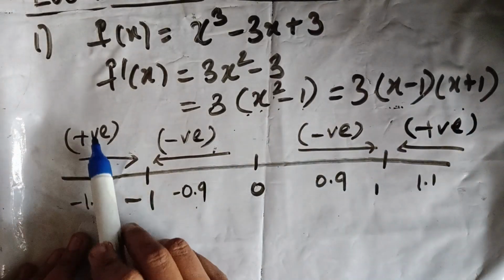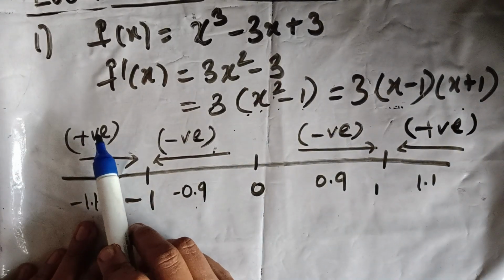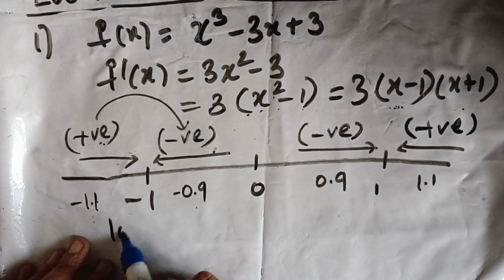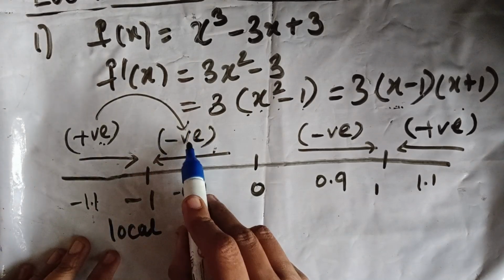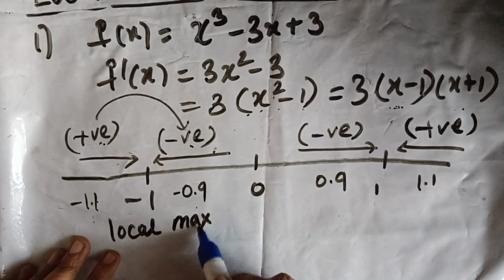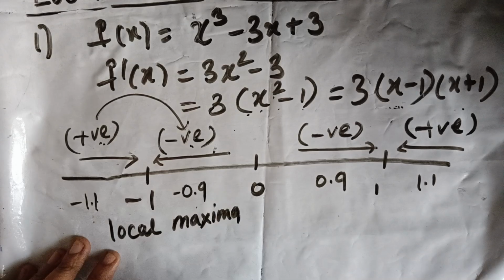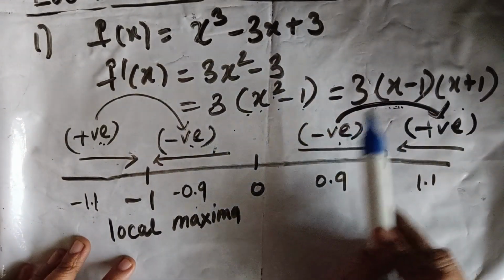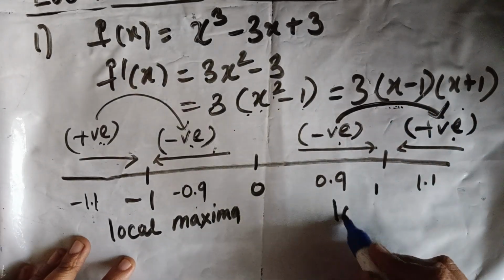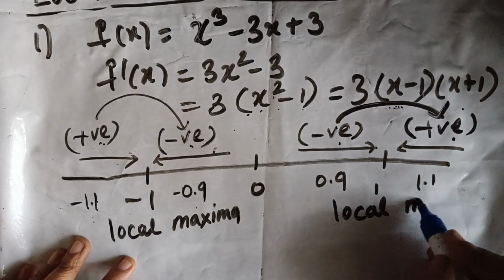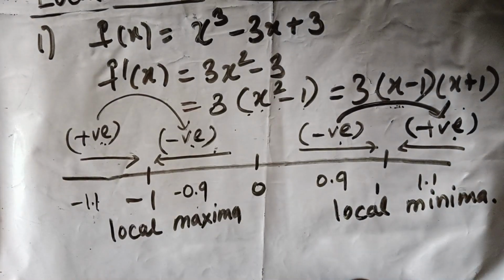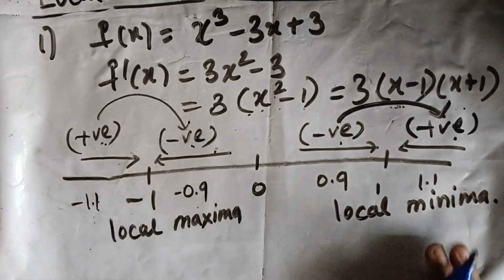So here f dash of x is changing sign from positive to negative. So this is your local maximum. Here it is changing sign from negative to positive. So it is local minima. Now you have to find the maximum and minimum values.